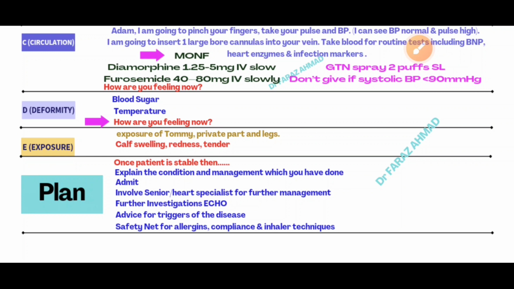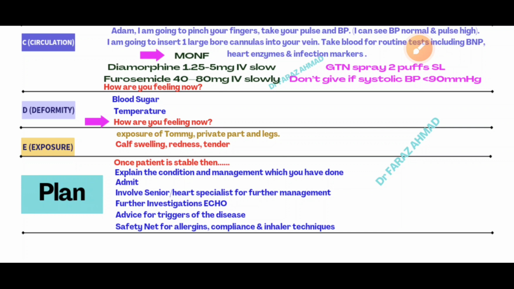So once the patient is stable, then what you will do, you will explain the condition and management which you have done till now. You will explain to Adam, as you presented with the breathing difficulty today, and in the history you mentioned that you had myocardial infarction 2 years back, or you have hypertension, and you are taking this medication for the hypertension.